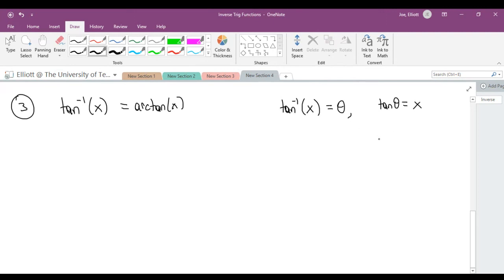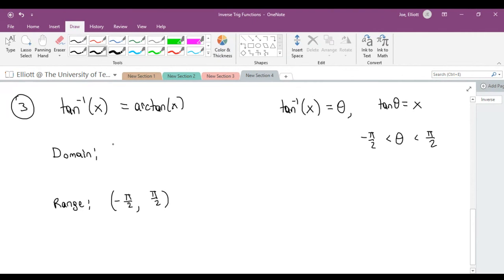And the restriction that we put on the angle is that we restrict it to be between minus pi over 2 and pi over 2. Because of that restriction on the angle theta, its range would be ultimately minus pi over 2 to pi over 2.